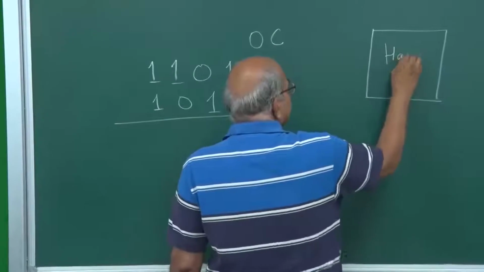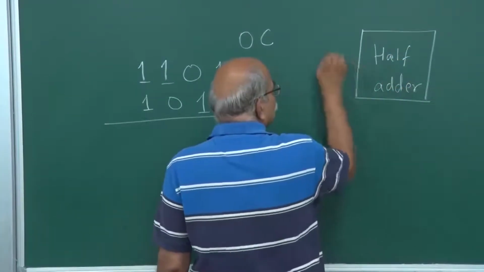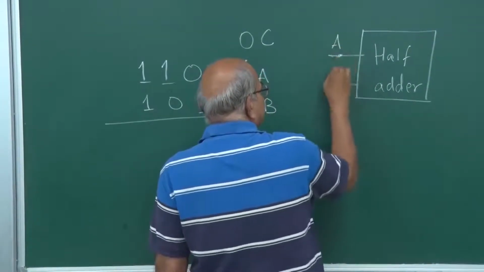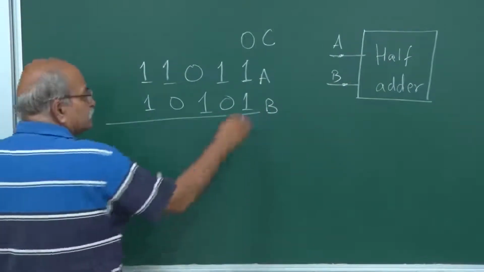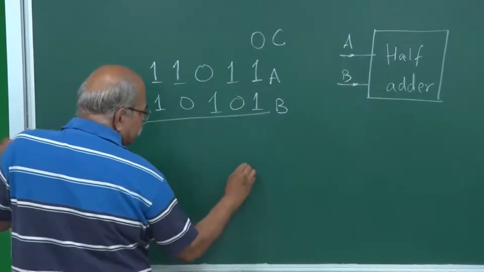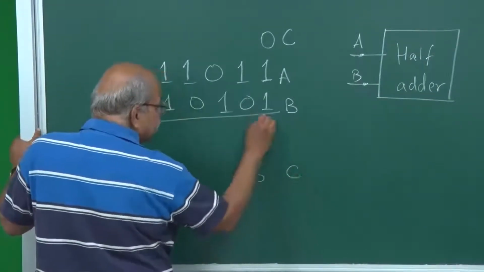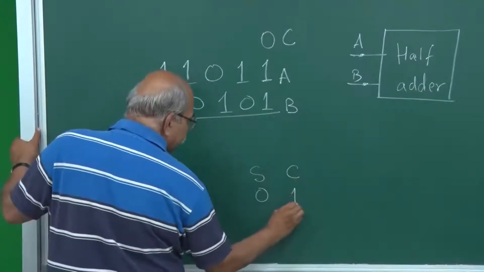So, let us say this is a half adder circuit, and then I have 2 input points, and these 2 input points I put A and B here, this A and this B I put here. What do I get? When I do this, I get sum as this is my first half adder, remember, and I get a sum which will be 0, I will get a carry which will be 1.